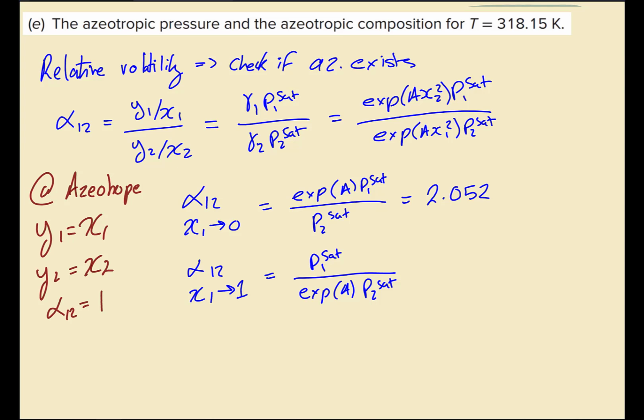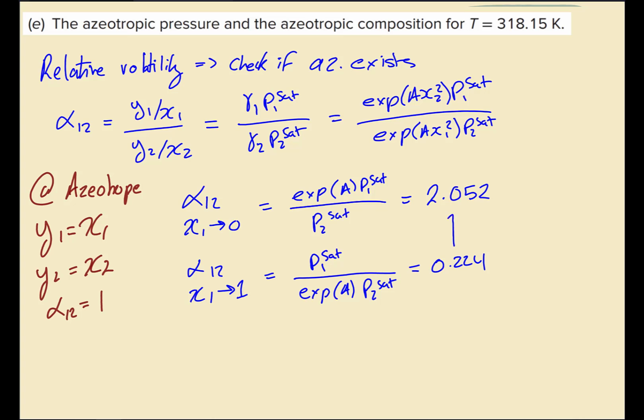Same thing, we have the temperature, plug in the values, do the math, you get a value of 0.224. So that means somewhere between x1 equals 0 and x1 equals 1, I have relative volatility of 1. Right?